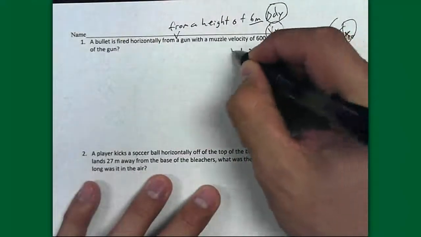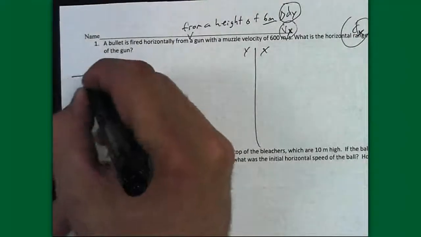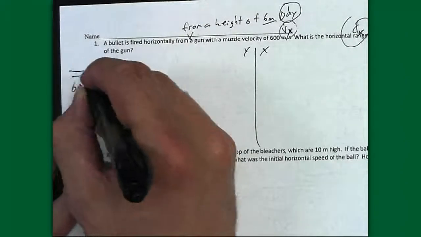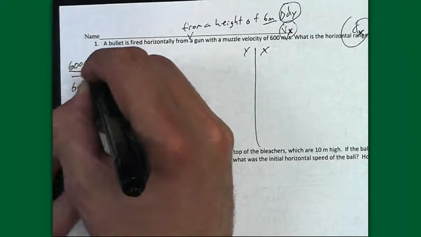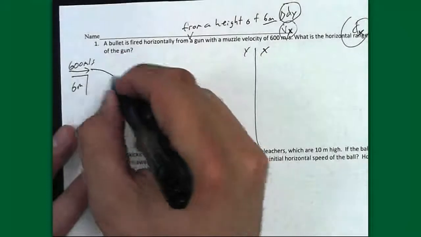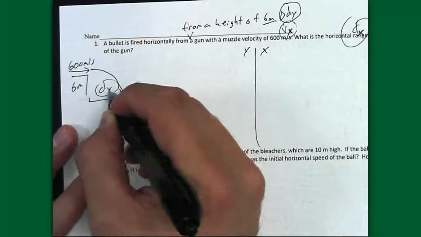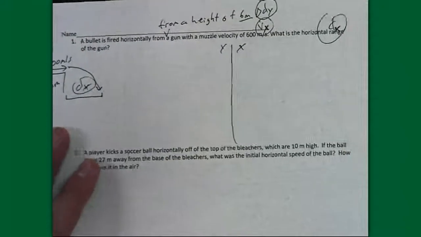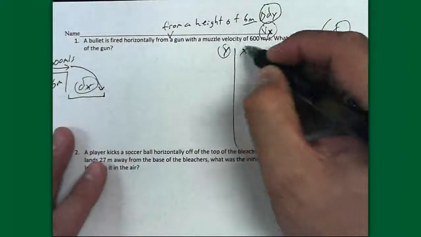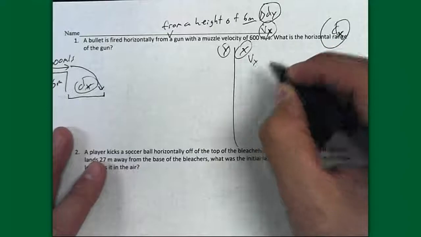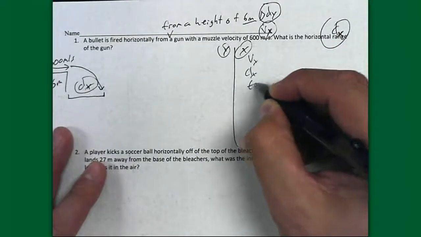Okay, so let's work it. Divide x and y. Draw my picture. 6 meters high. Gun is fired at 600 meters per second. And it's going to take a downward path. I want to know how far it goes. What's the range? Givens on the x side: Vx, dx, and time.